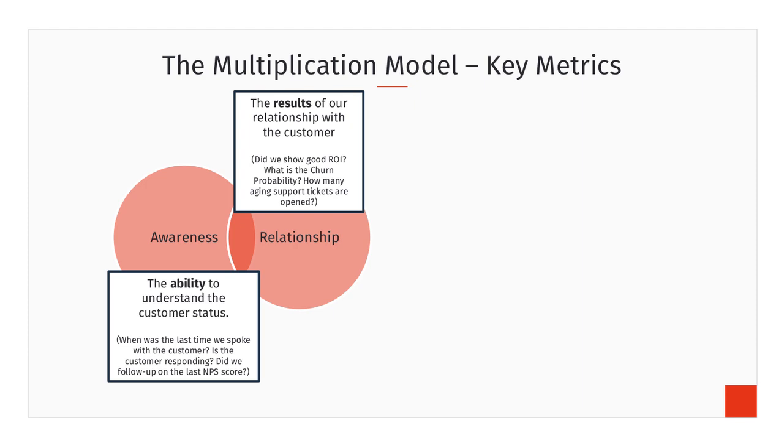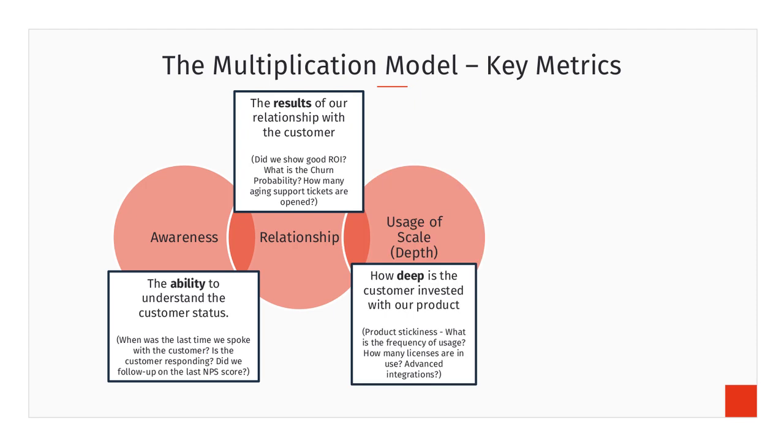After that, we wanted to talk about usage. Under usage, we decided to split it into 2 aspects. The first one, we call usage of scale: how deeply the customer invested in our product. If we talk about product stickiness, what is the frequency of the usage?